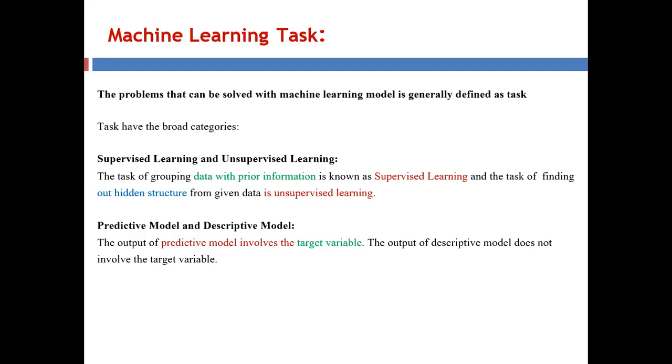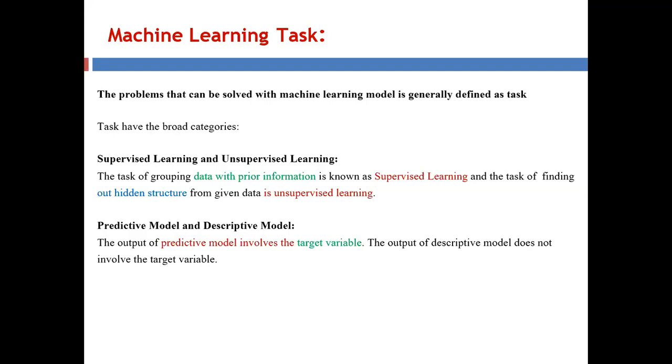So two types of modeling are used to accomplish the supervised learning task and the unsupervised learning task. Namely, they are the predictive model and the descriptive model. So first, try to understand the predictive model. The output of the predictive model involves the target variable. That is, the target variable is known in case of a predictive model.